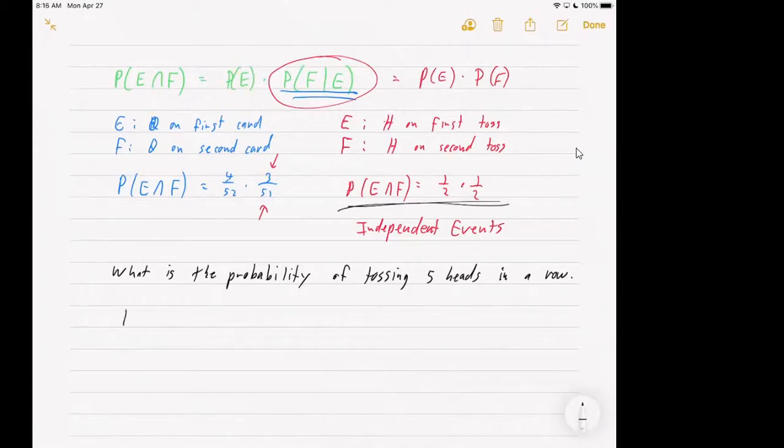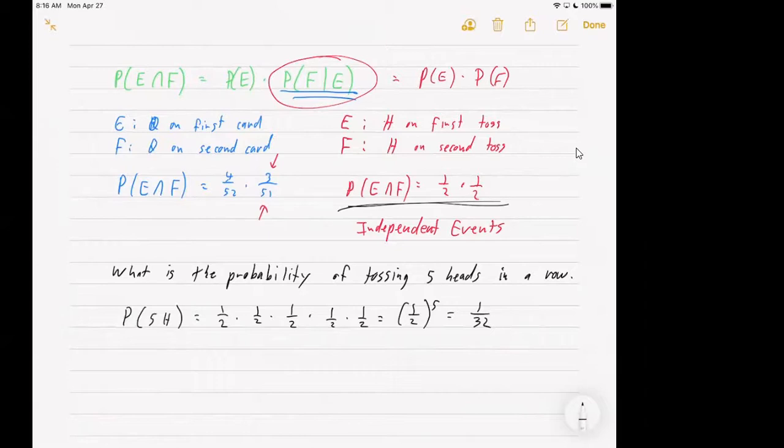Now we just have a string of events. We would have a bunch of letters that we could use. The probability of 5H out of 5 tosses would be 1/2 times 1/2 times 1/2 times 1/2 times 1/2, which is better to write as 1/2 to the 5th, which is 1 out of 32. Okay, 2 to the 5th is 32.